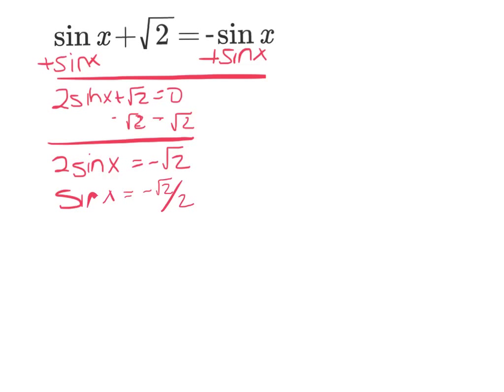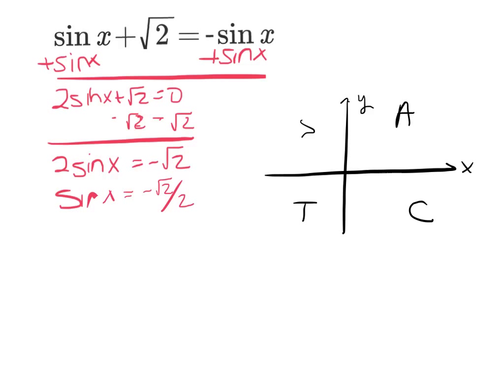Okay, now we know that the reference angle must be pi over 4. But sine is only negative in the third and fourth quadrants. So we need those reference angles. Let's see, here's pi over 4, and in here.